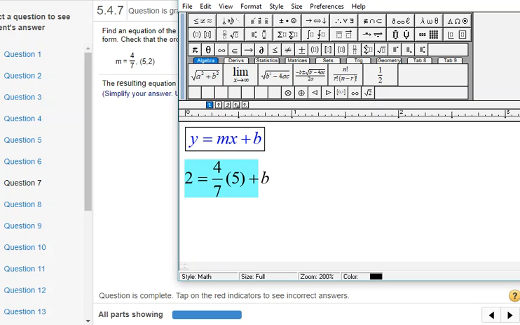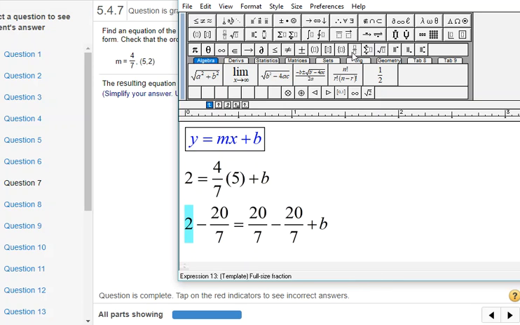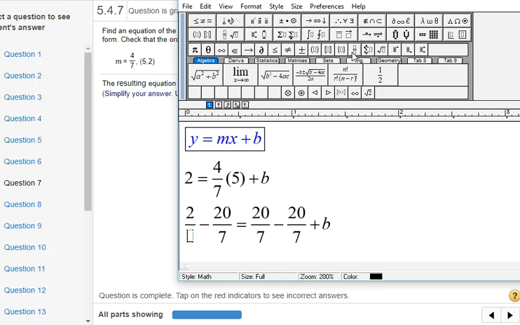So I solve for b, and I'm going to simplify this piece first. I know that 5 is the same thing as 5 over 1, so when I multiply those two fractions together, 5 times 4 is 20 over 7 times 1 is 7, so I get 20/7. Now, to solve for b, I need to subtract 20/7 from both sides. In order to subtract 20/7, I'm going to need a common denominator. 2 is 2 over 1.